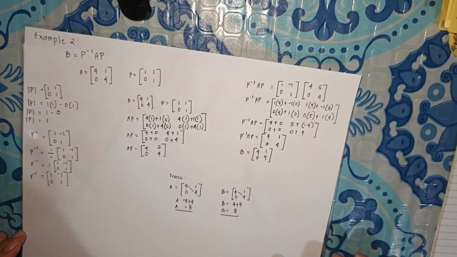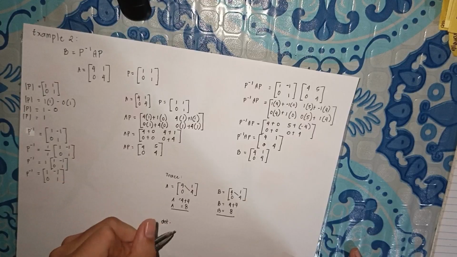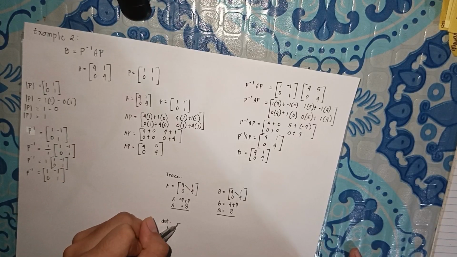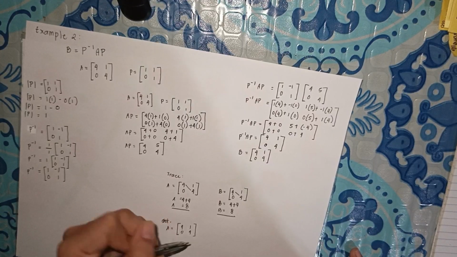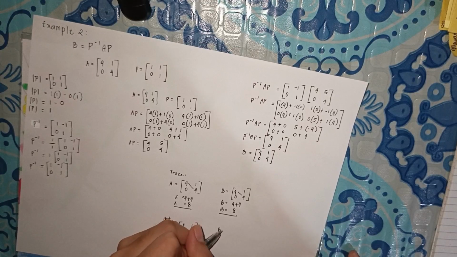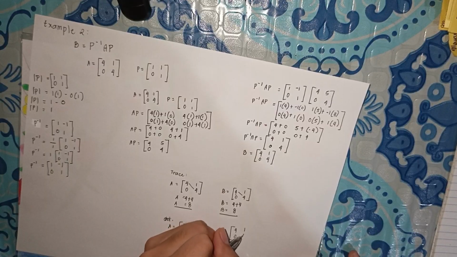Next, we take their determinant. Matrix A is 4, 0, 1, 4. Matrix B is 4, 0, 1, 4.